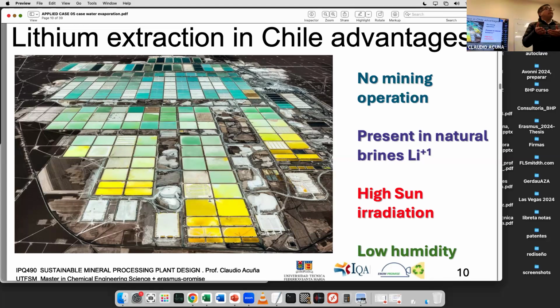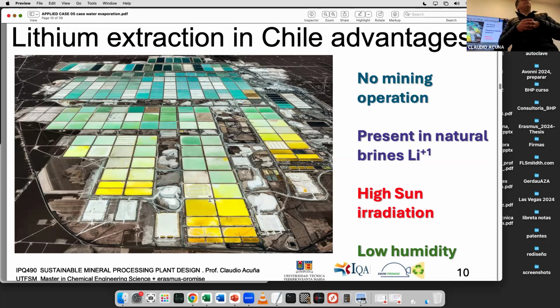The alternative is from a mineral called, what is the mineral associated with lithium? Spodumene, which is the plant that perhaps you already know in Finland. Bertil Lamper, the guy who developed HIC, was in charge of developing the plant in Finland, starting from spodumene, meaning mining, extracting, crushing, leaching, process.